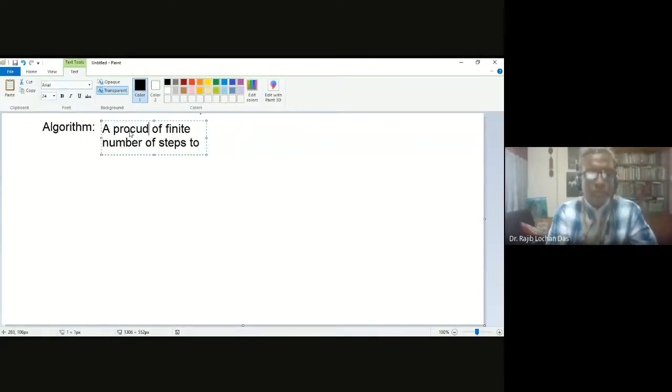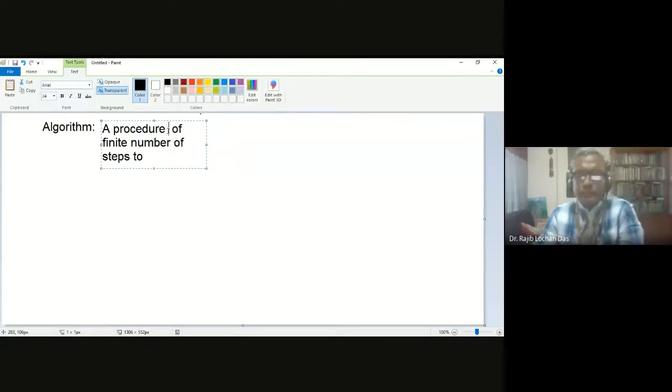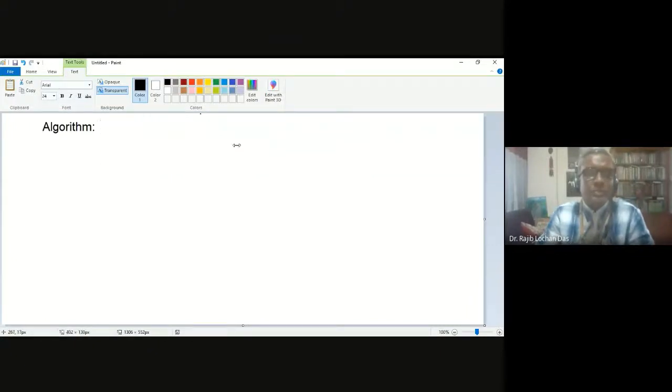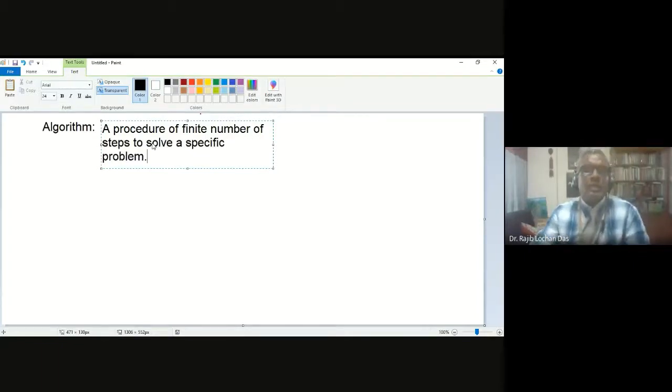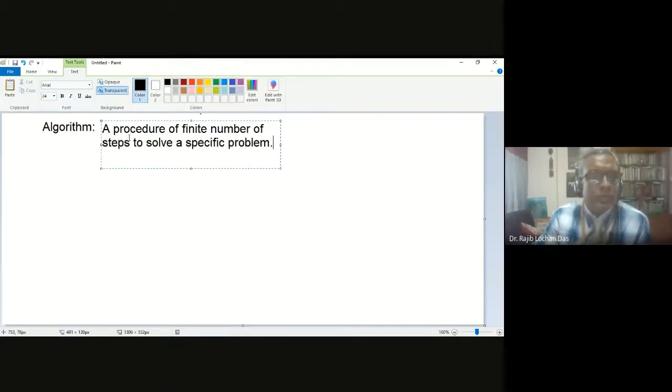A procedure of finite number of steps to solve a specific problem. So this is the definition of algorithm. You can write in your own words, no problem.